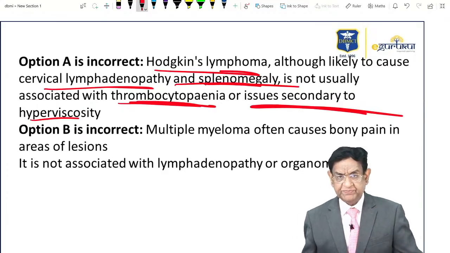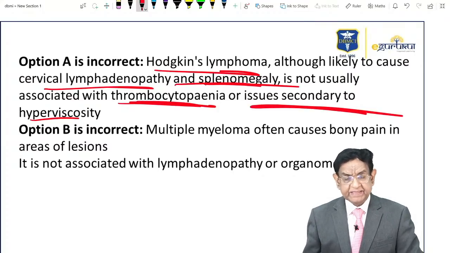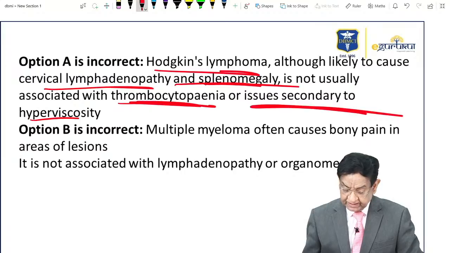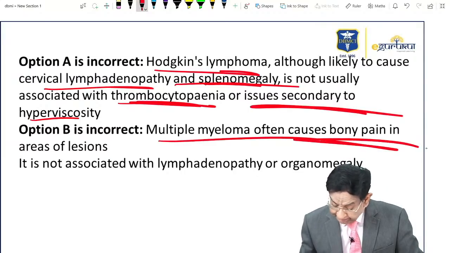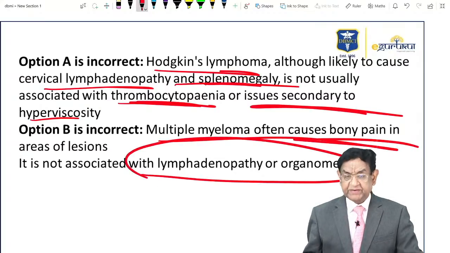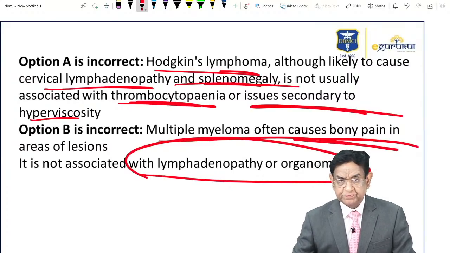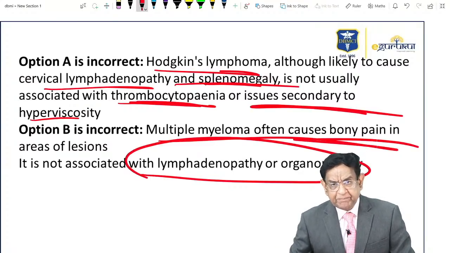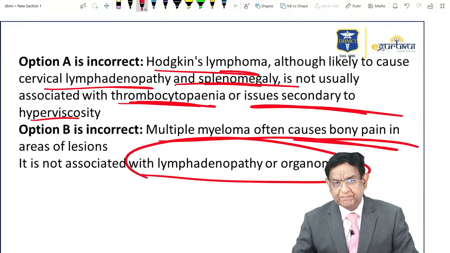Hyperviscosity features like blurring of vision and frontal headache are not seen in lymphoma. In multiple myeloma, bony pains are there. They are not associated with organomegaly, the point which I discussed in the previous question also. So a palpable spleen and enlarged palpable cervical lymph nodes automatically rule out multiple myeloma.